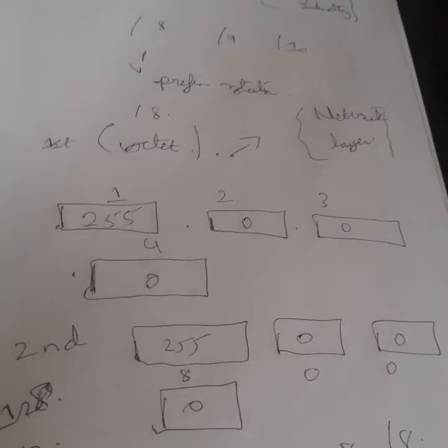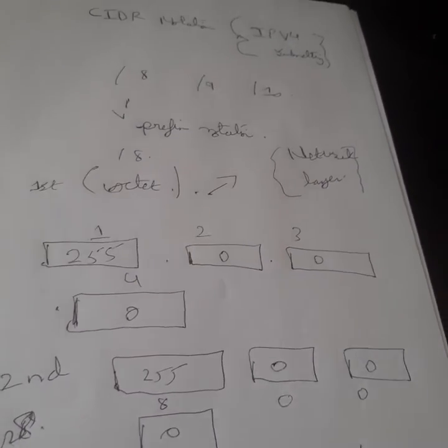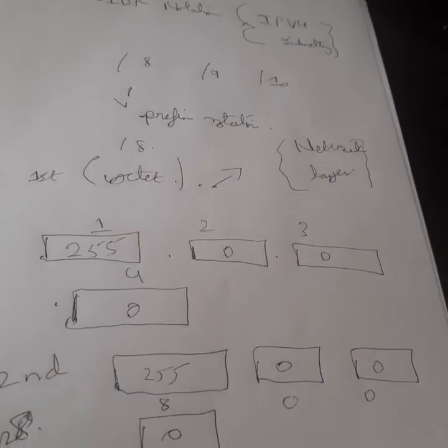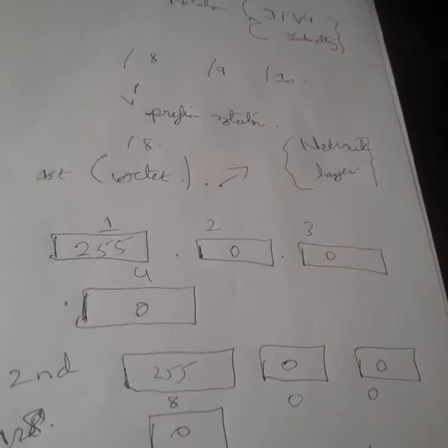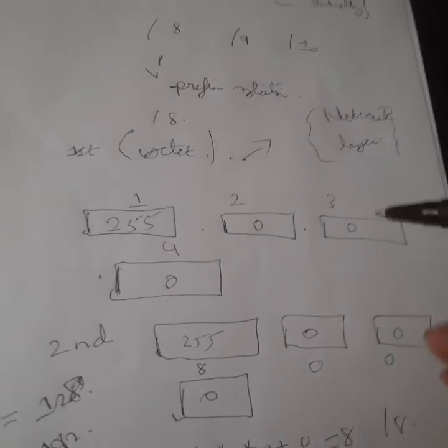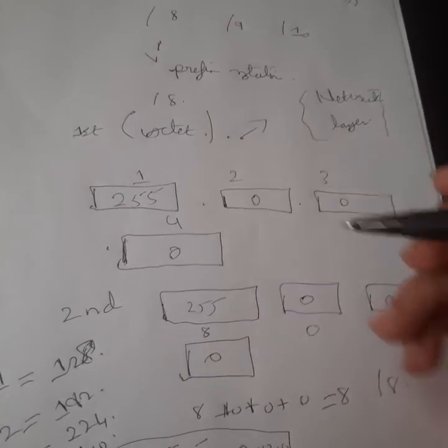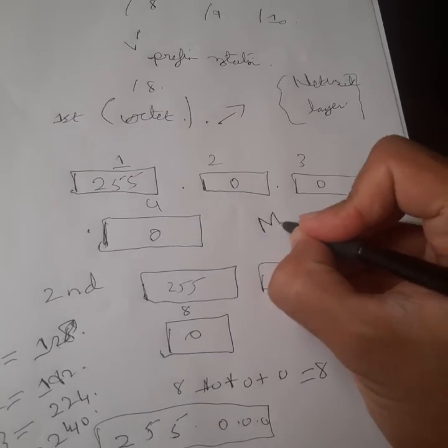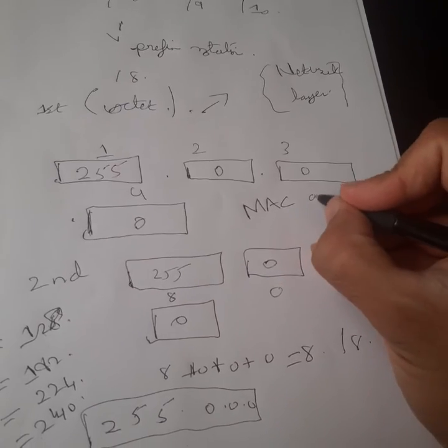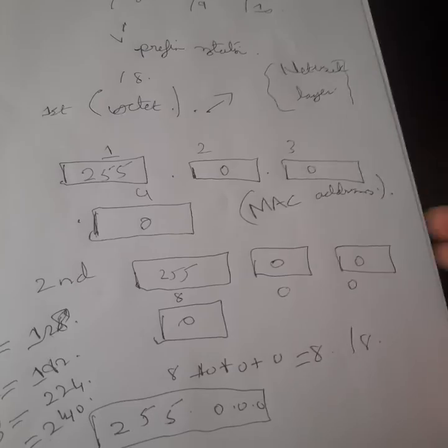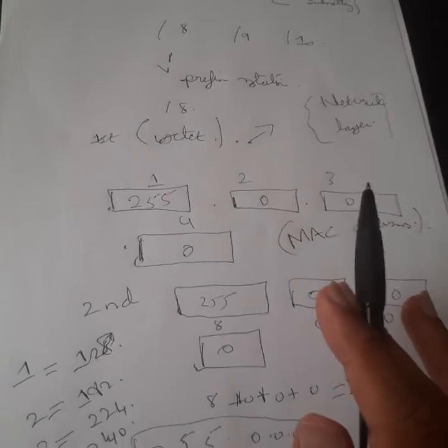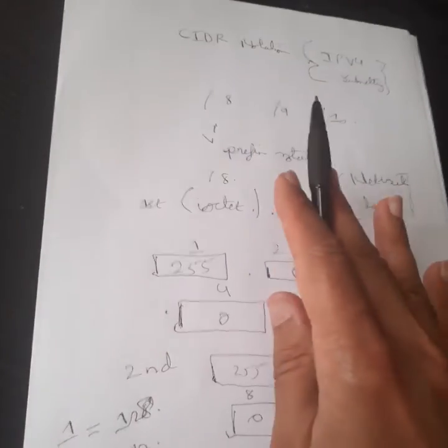But as you all know, in OSI there are other layers as well, the physical layer and the data link layer. At the data link layer, my suggestion would be, along with doing this, to have a know-how of MAC addresses as well. If you learn about MAC addresses, that's important as well. But for today, we have just done CIDR.